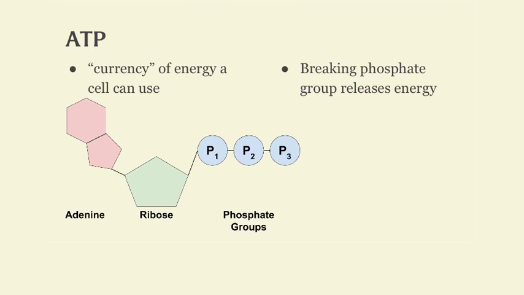First, I do want to review a little bit about ATP. We talked about ATP with photosynthesis. ATP is nicknamed the currency of energy a cell can use, right? If you go to Canada, they have dollars and quarters and things of that sort, but it's not the same currency we have here in the United States, even though they use the same names for their money.